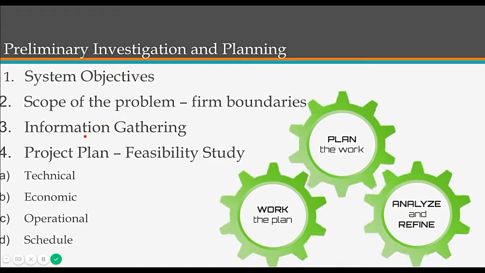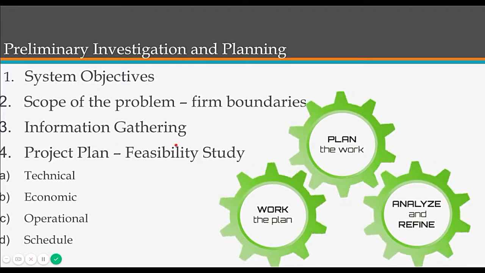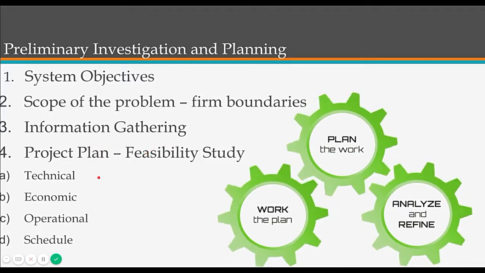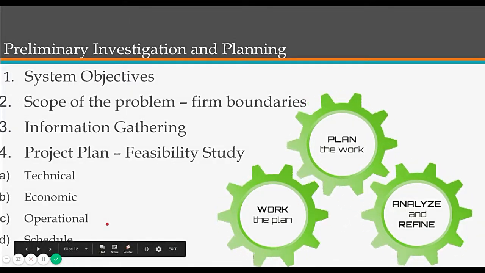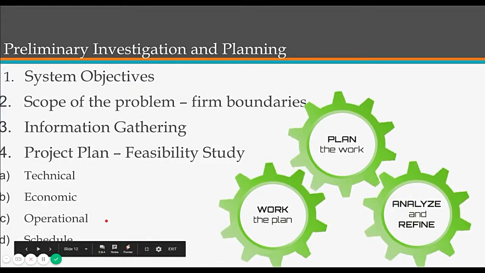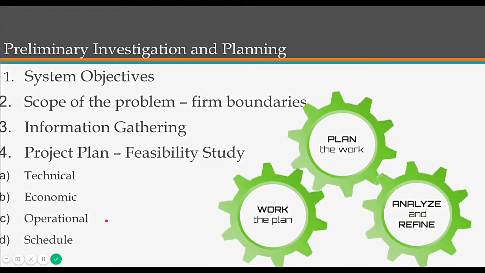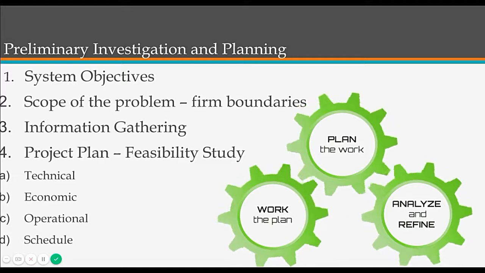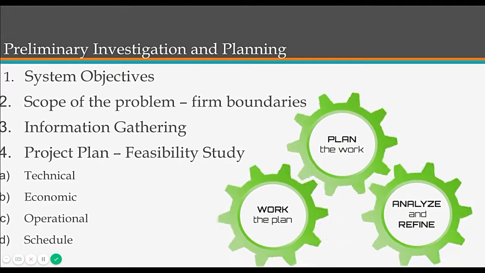You also need to gather information and plan your project, as well as a feasibility study, which might include technical, economic, operational, and schedule aspects. Each project must work on a certain scope, on a certain timeline, on an approved budget. Otherwise, your project will not come into fruition.